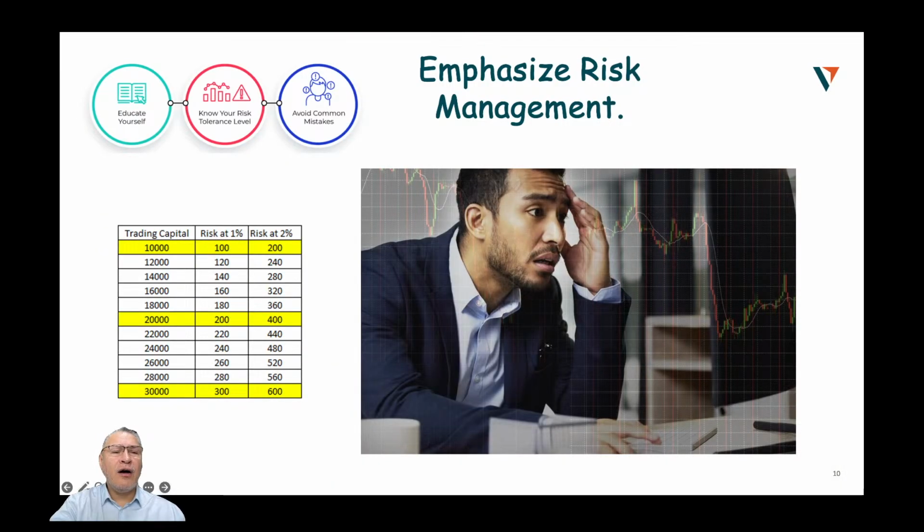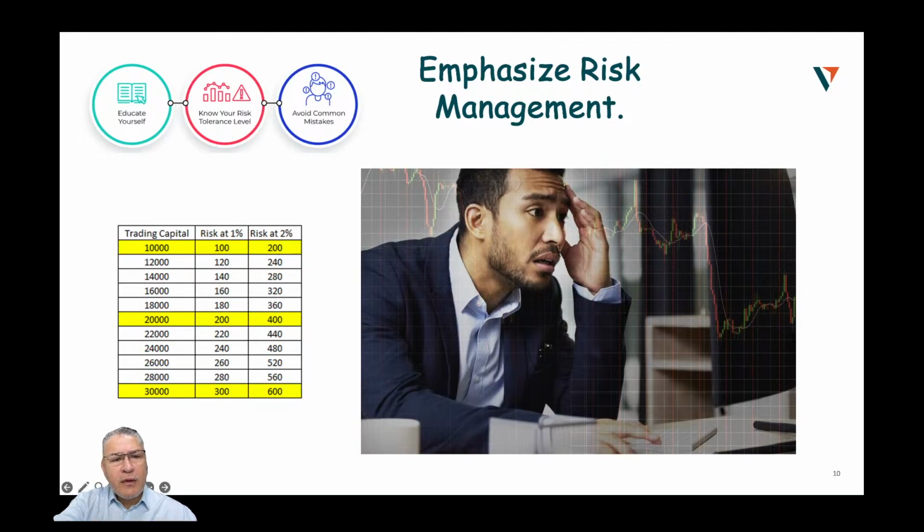We also want to emphasize risk management. Staying in the game is, obviously, controlling and taking care of your trading capital. And when we use percentage-wise rather than a dollar value, we help our psychology to be controlled, to be tamed.